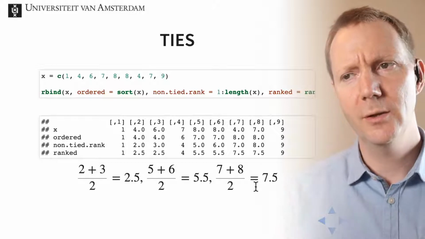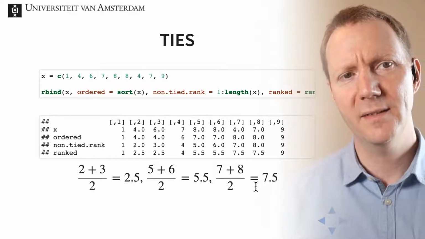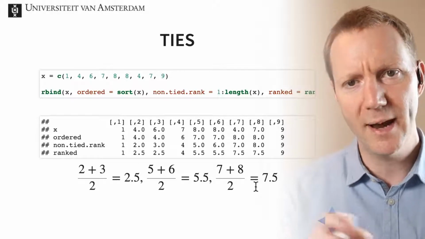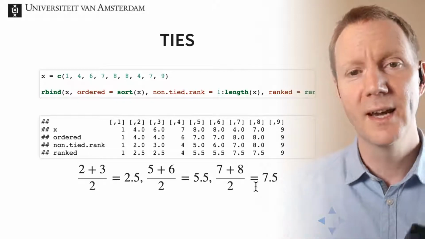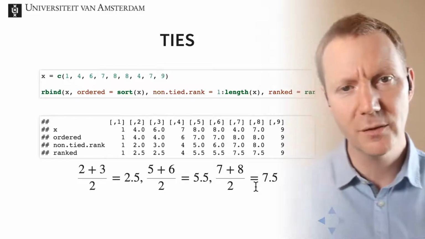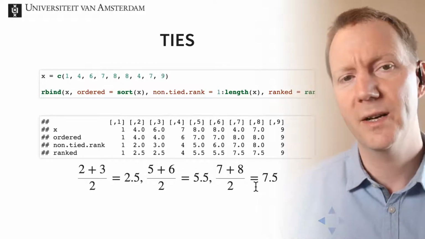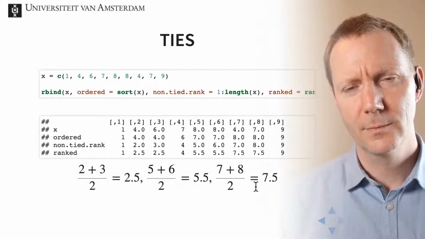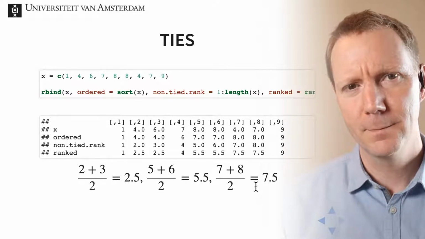So you are essentially getting rid of that notion of order, because you're applying these rules to tie. You're averaging those out and assigning the average of the ties to both. So the order essentially disappears. Is that clear? Yeah, thanks.